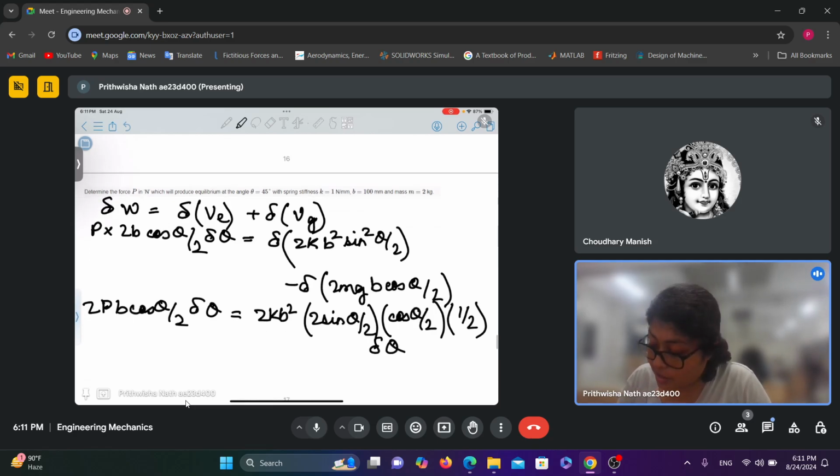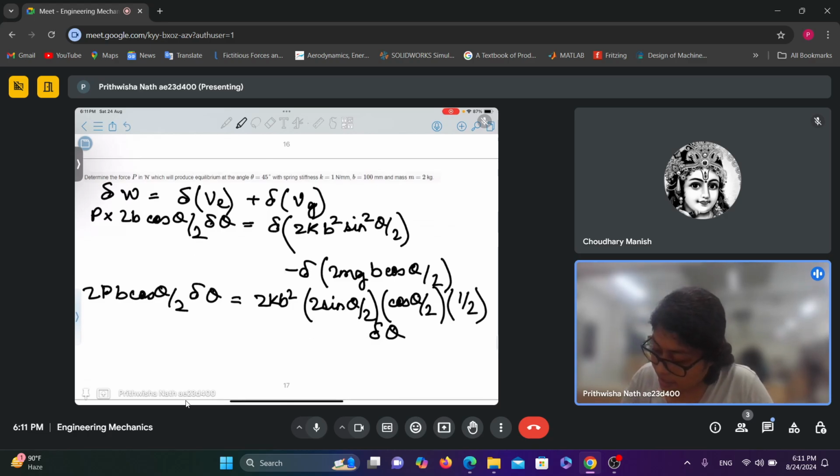This is for the first term. For the next term, it is minus 2mg b sine theta by 2. So again there is a minus if I differentiate cos theta by 2 into half into delta theta.